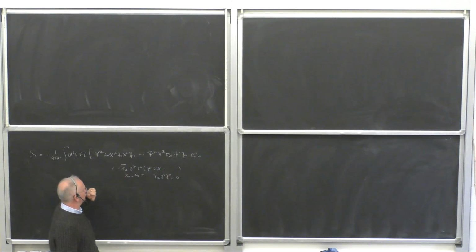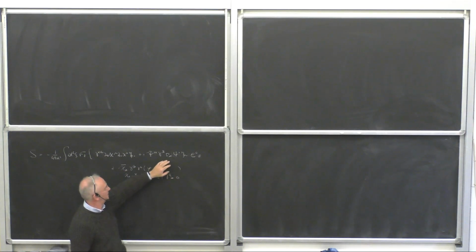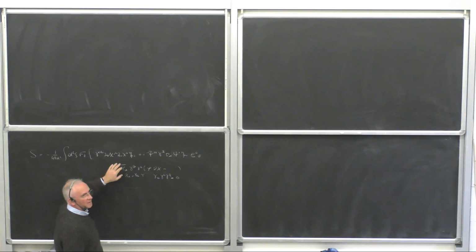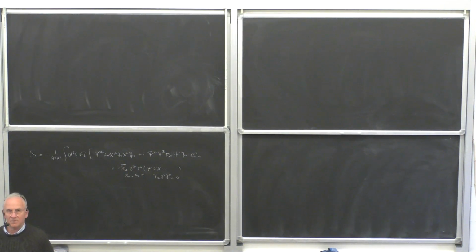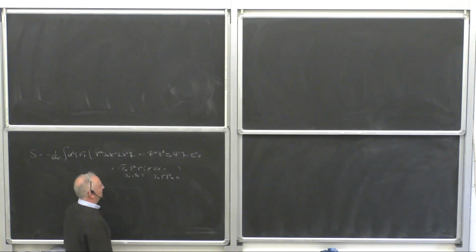And this term disappears. The other terms go in a free form once you perform this kind of step that I told you about, the gauge fixing of the metric.